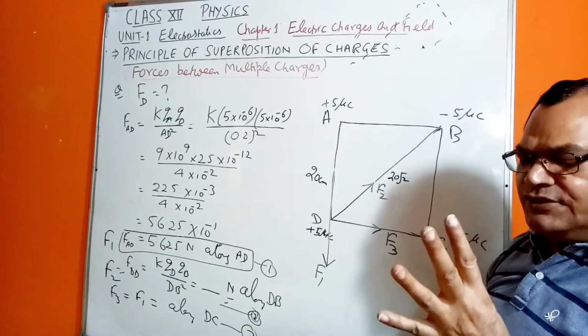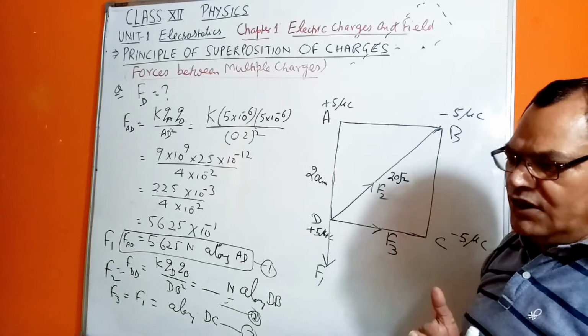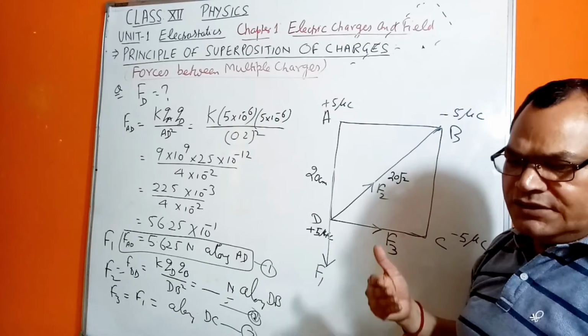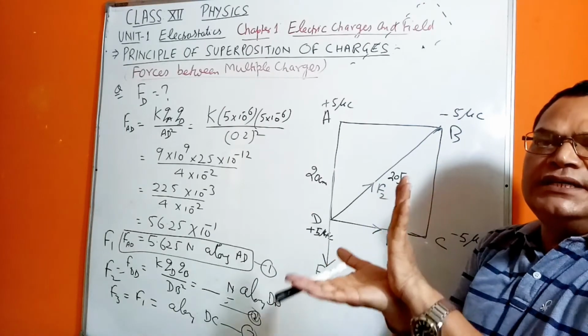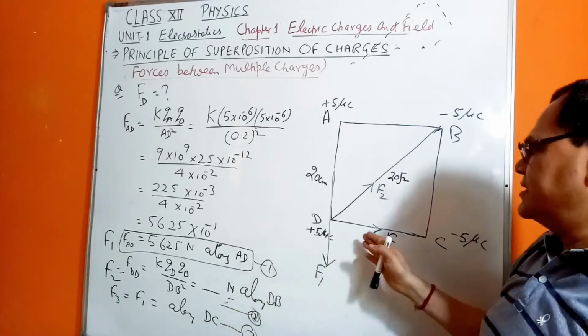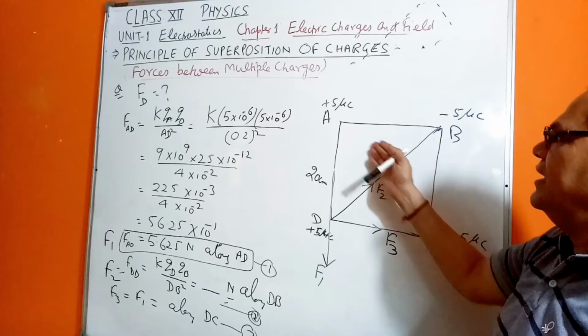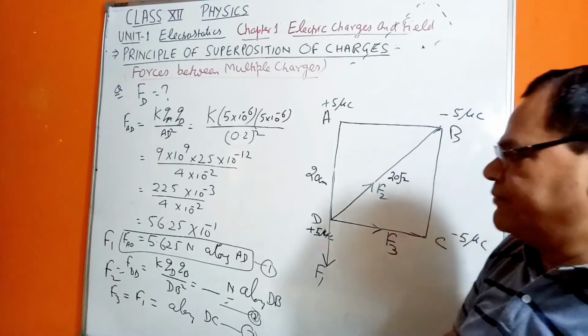Whenever there are a number of directions, our idea should be that all the forces or vector quantities should be made along the x and y axis. This is already along the positive x axis, this is the negative y axis, this is somewhere in the xy plane. So here we have to split. See, very important thing.